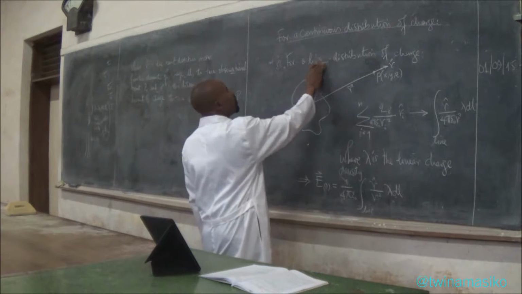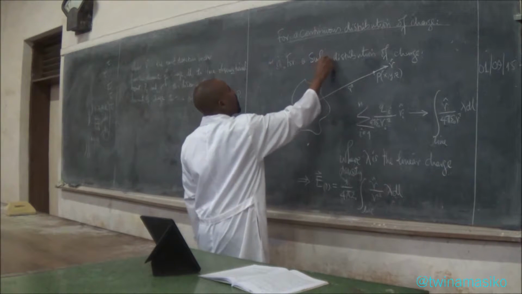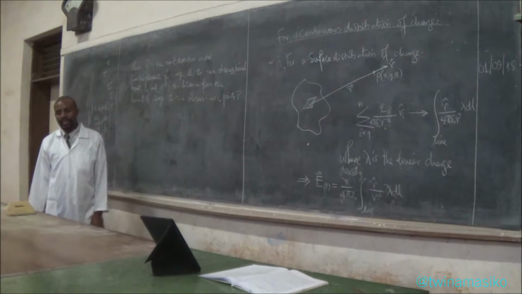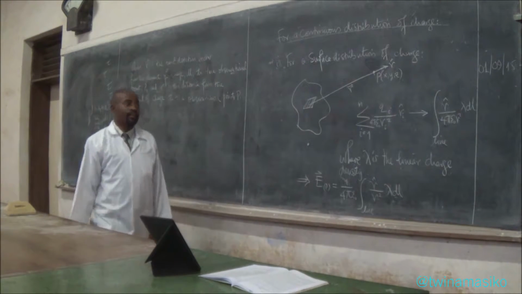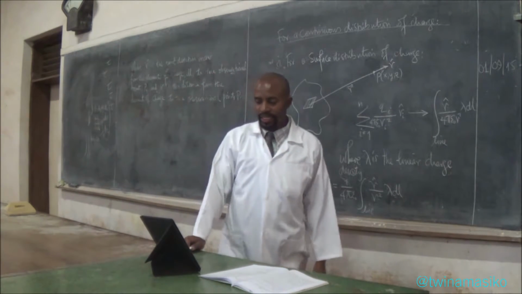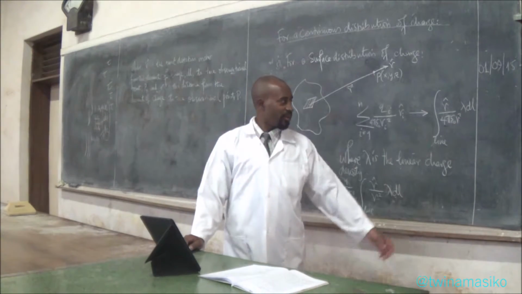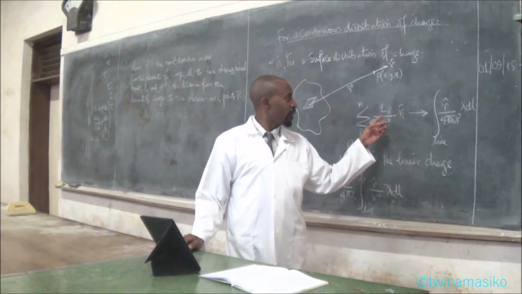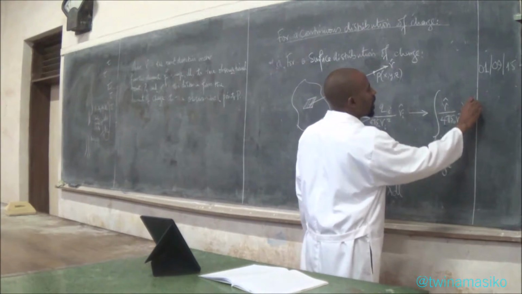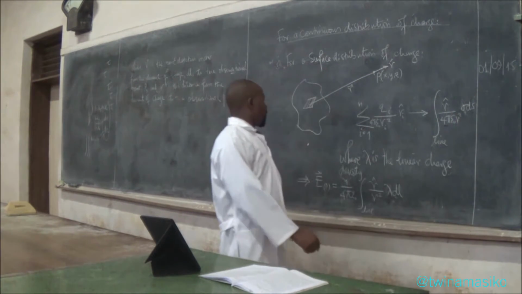So this is for a surface charge, surface distribution of charge. The only change we get is changing from this notation here to a notation which is the S, and this is sigma.